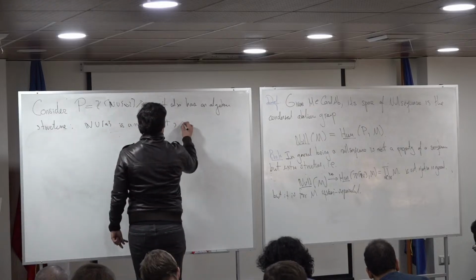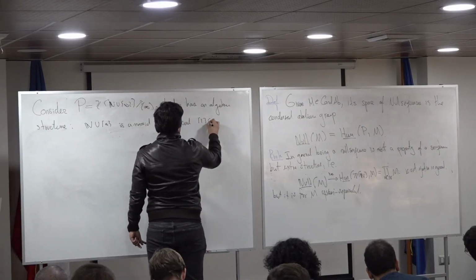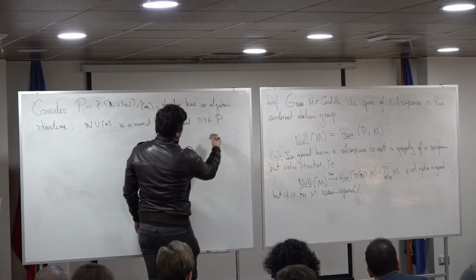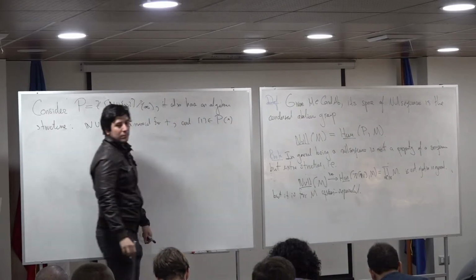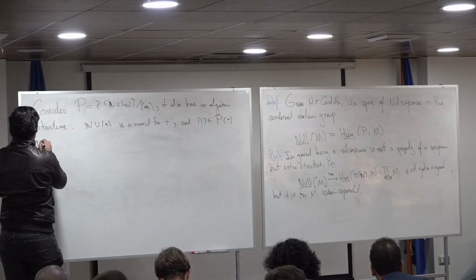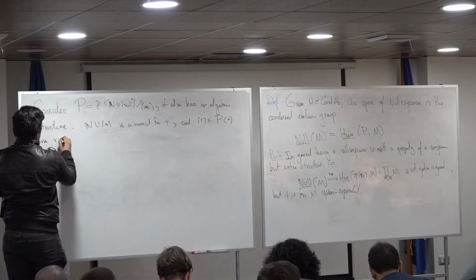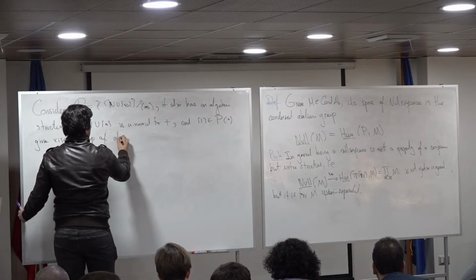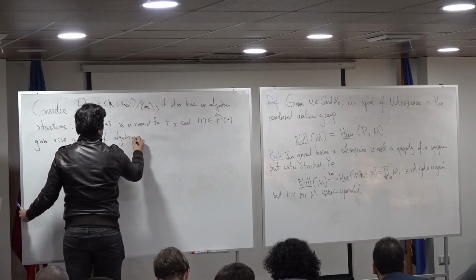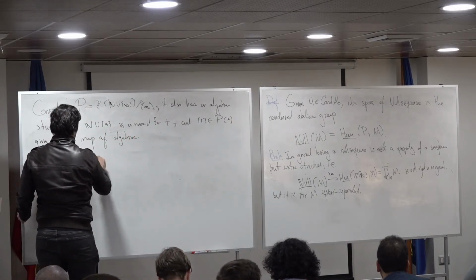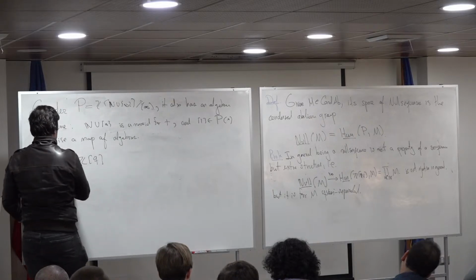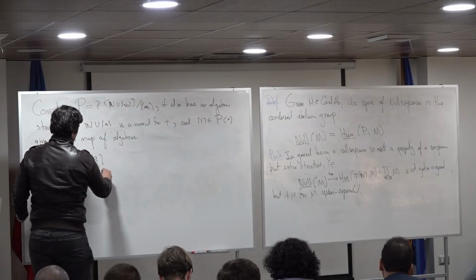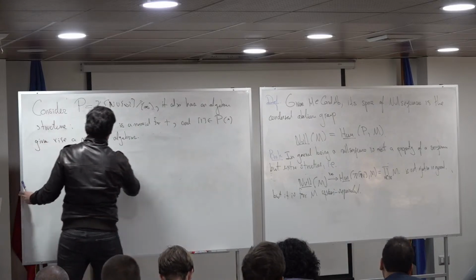And the class of 1, or the element 1 inside P, and maybe more concretely inside the points of P, gives rise to a map of algebras from the polynomial algebra to this object P.